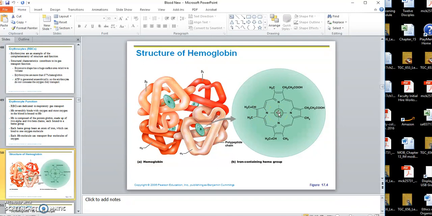Each hemoglobin molecule has 4 hemes and 4 polypeptide chains. The average red blood cell, we calculate, has somewhere between 280 and 300 million molecules of hemoglobin in it.